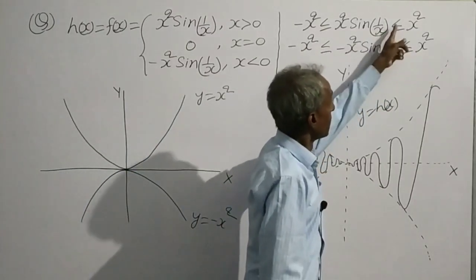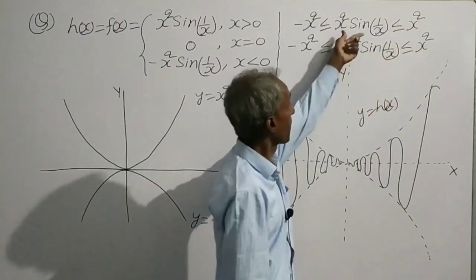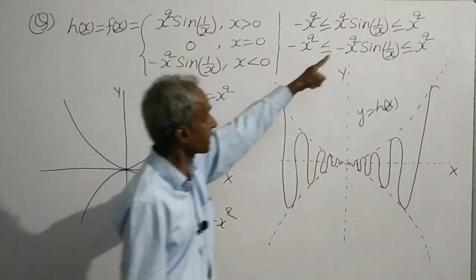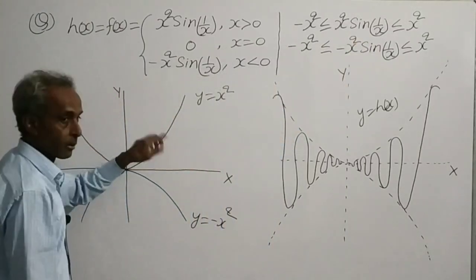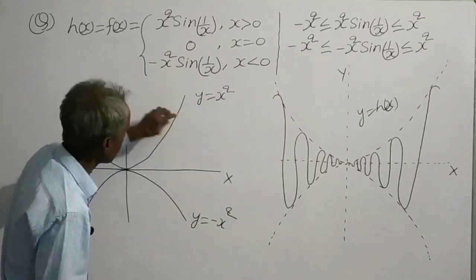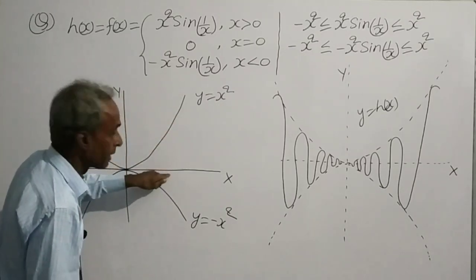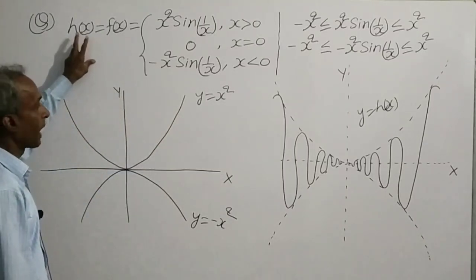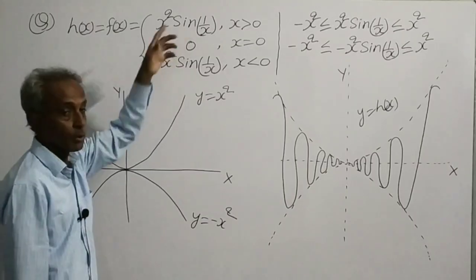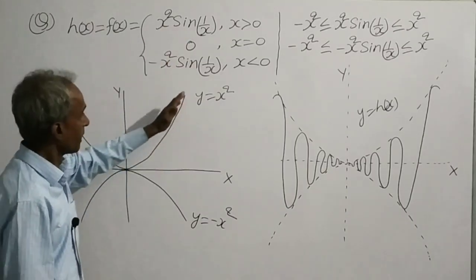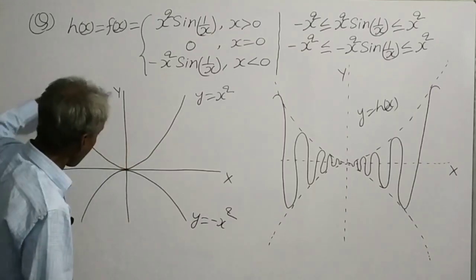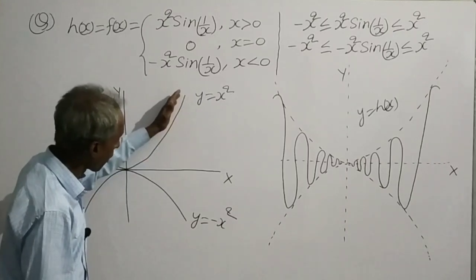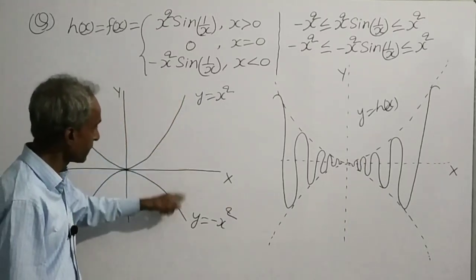Less than or equal to x square, that means the value of x square sine 1 by x will be either equal to x square or below this graph. That means the graph of y is equal to hx will always lie on or between these two curves.